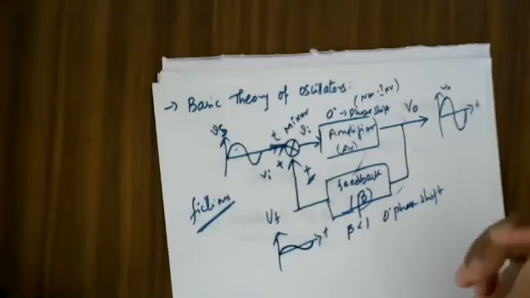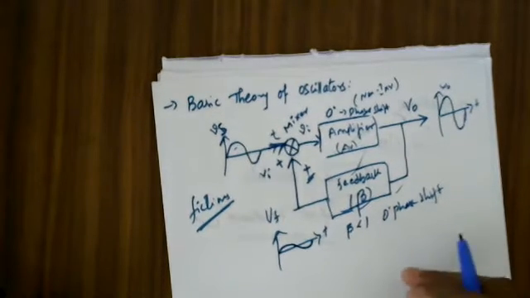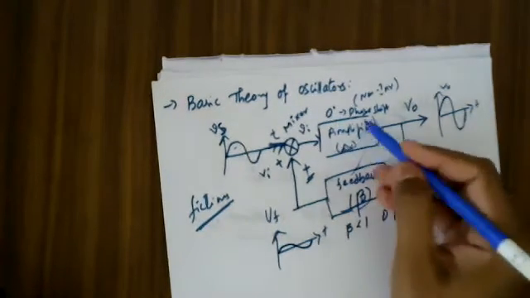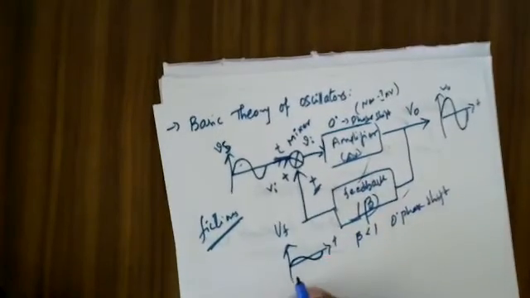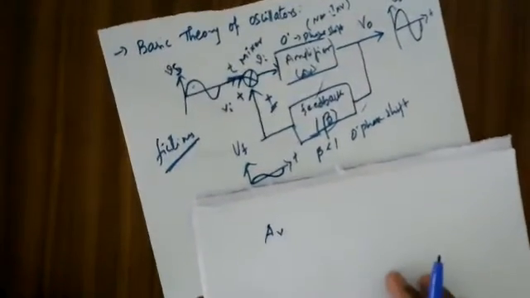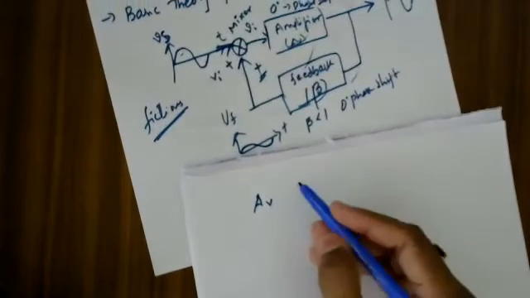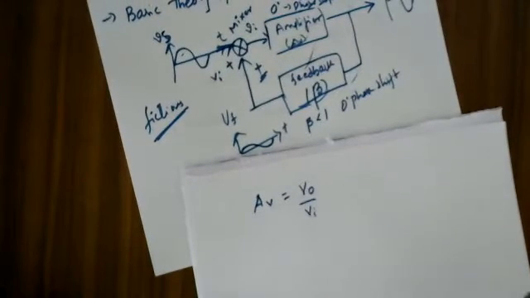Now, what we're going to do over here is, let us write equations for these circuits. Let me say now, the equation for the gain of this amplifier, I can write over here as AV, the voltage gain of my amplifier, as a ratio of output voltage to input voltage.